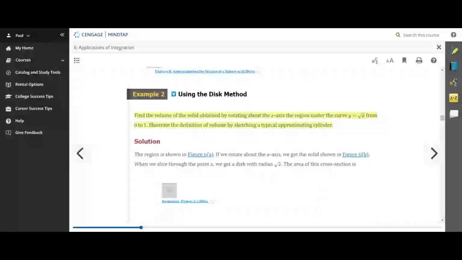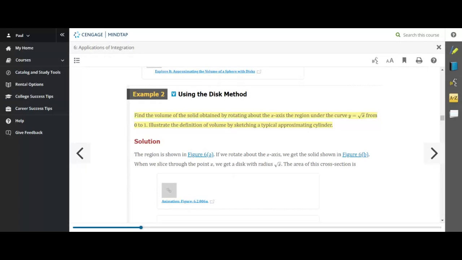So what we're really doing here is using disks.